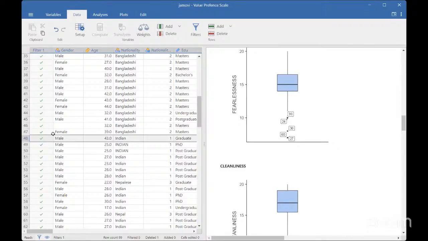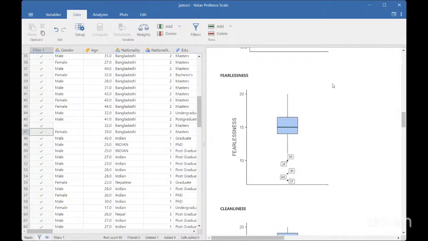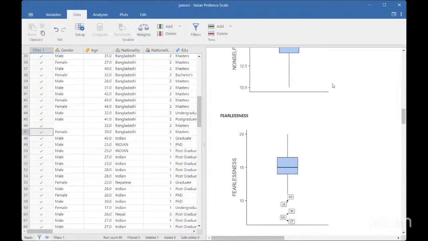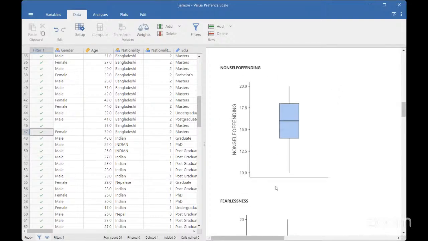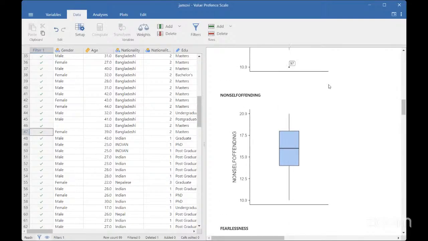Okay. Now you check your data. So now we have understood the data better. 90, 24, 30, 60, 27. And non-self-offending, there is no outlier. Oh, that is very good.